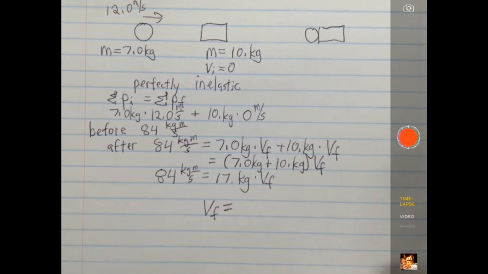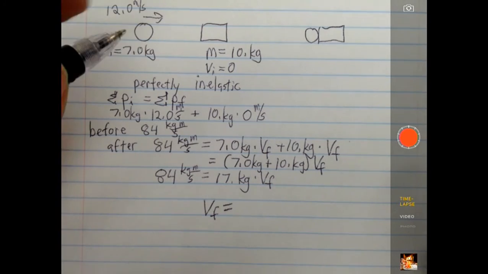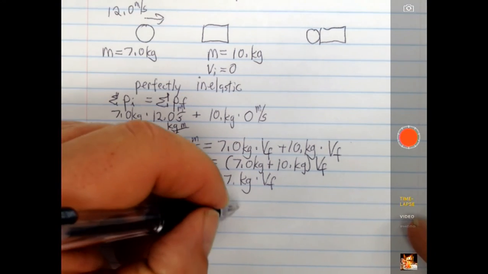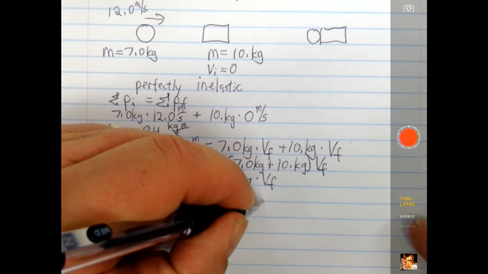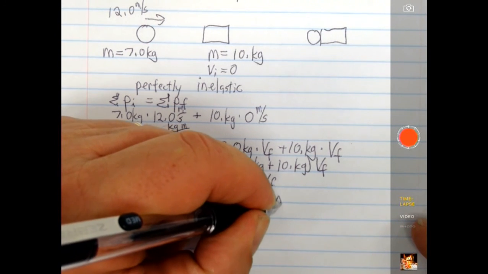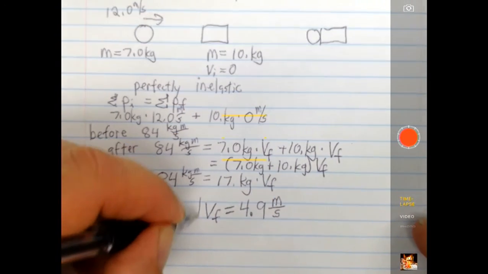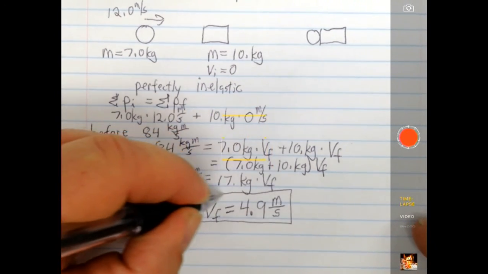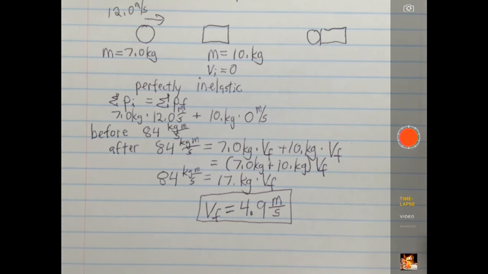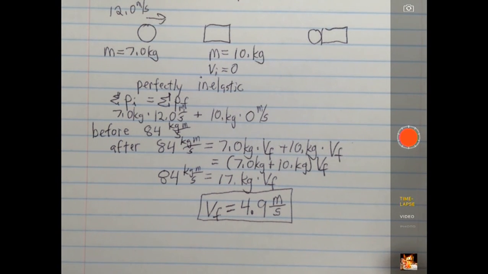And in this physics problem, we're trying to find the final speed. So on my calculator, I go 84 divided by 17, beep, beep, beep. And to 2 sig figs, it says 4.9 meters per second to the right is the final velocity of these two objects that have a perfectly inelastic collision.